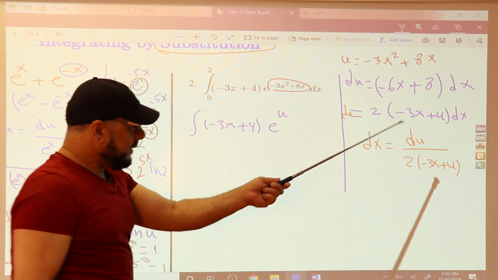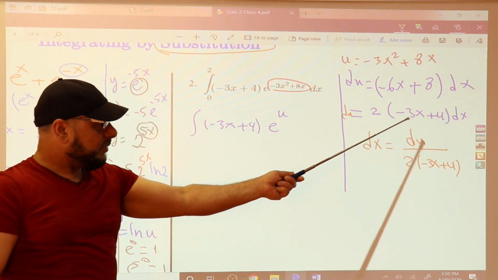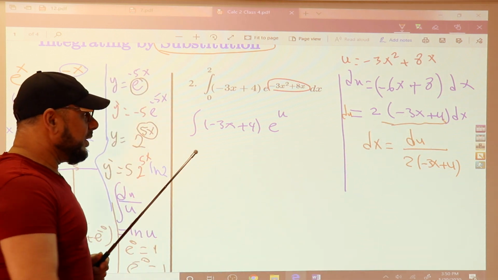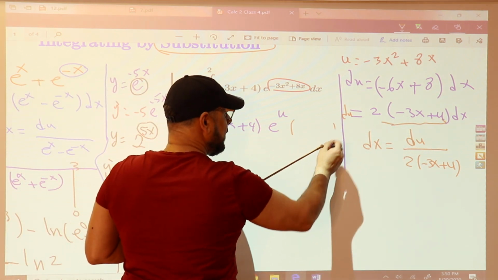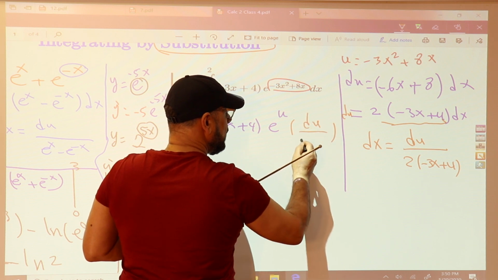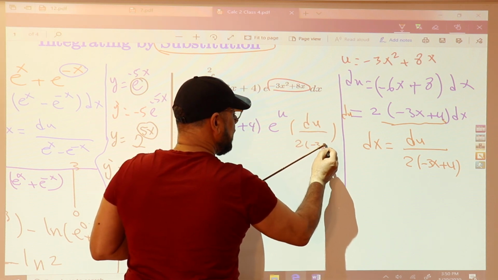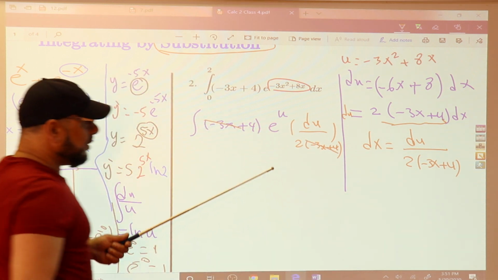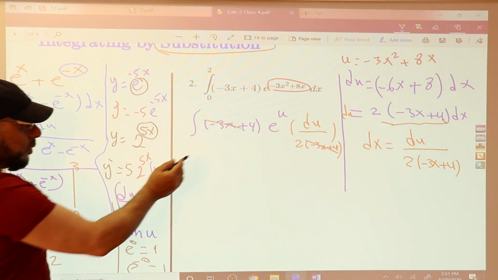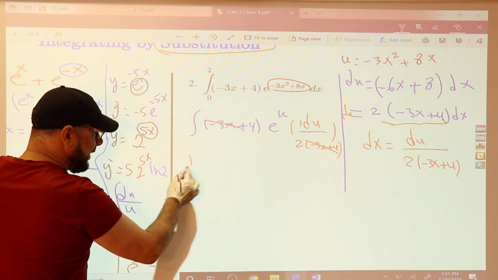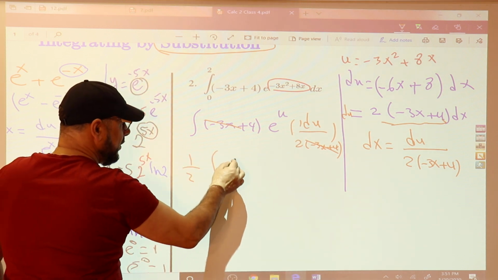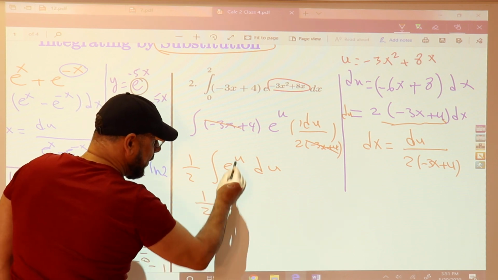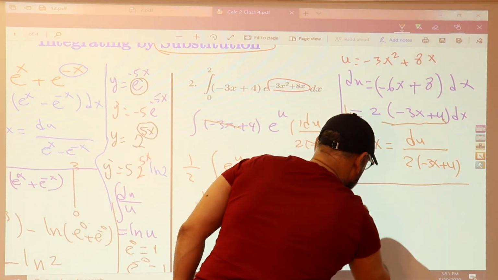What I did was divide both sides by 2 times negative 3x plus 4, and bring this back here. This cancels with this, right? Now what is left? One of this. I can take the constant out: e to the u du, times half.